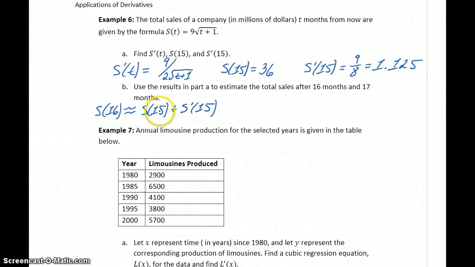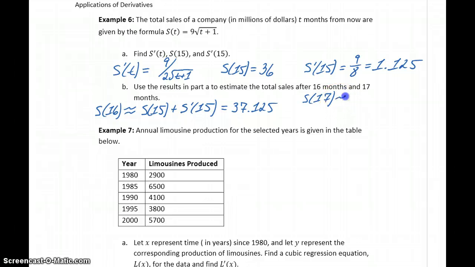So we're taking those two values, adding them together. That gives us an approximate result for s of 16. So in this case, after 16 months, we'll have approximately $37.125 million in sales.